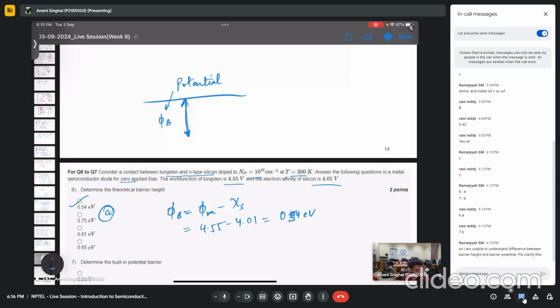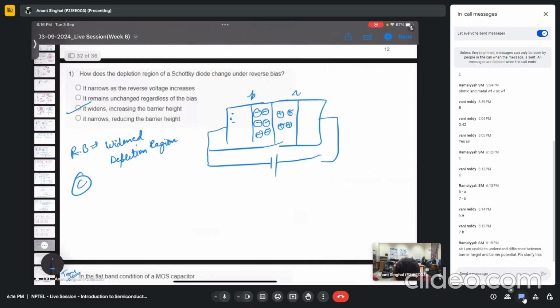Sir, but we denote them with different letters, right? Phi_B and V_BI. Oh no, V_BI is the built-in potential. Yeah, that's what I meant, sir. I'm unable to understand the difference between barrier height and built-in potential. Oh, okay, fine. You can see it clearly here.